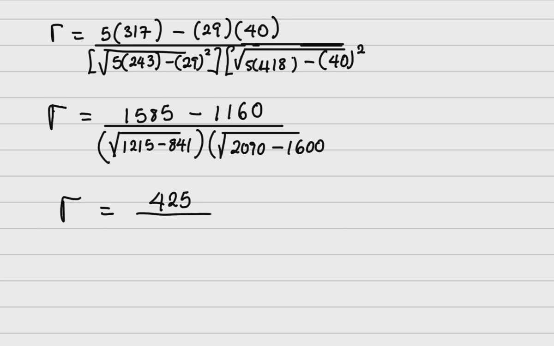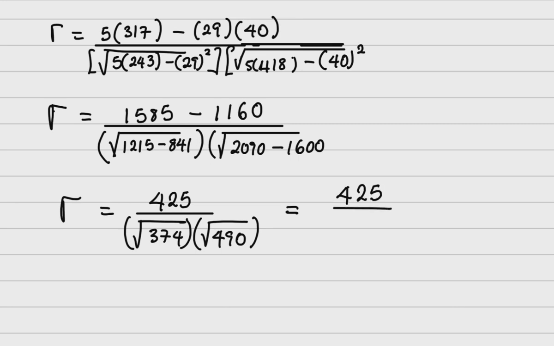Now my r will be equal to 425 all over the root of 374, into the root of 490. This is the same thing as having 425 all over 19.34 into 22.14.